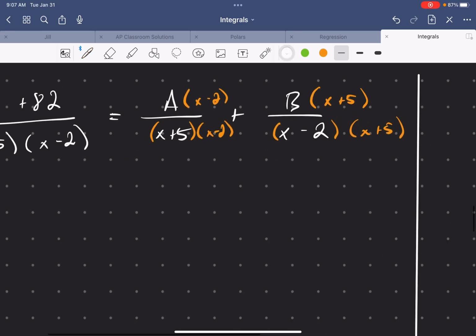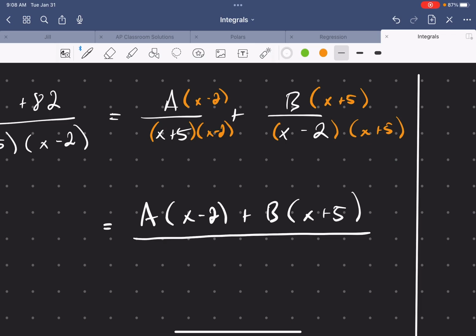So when I do that, I now have a common denominator, which means I could write the right side as a single fraction. So it'd be A times (x - 2) plus B times (x + 5), and that's over this common denominator of (x + 5)(x - 2).